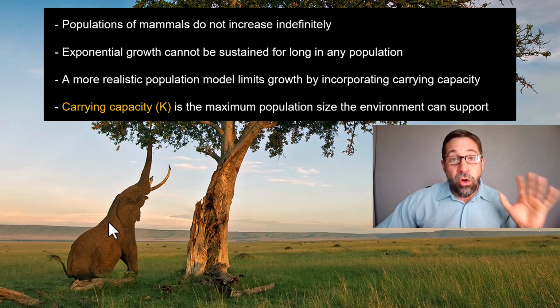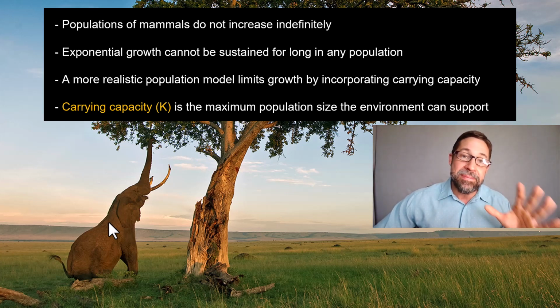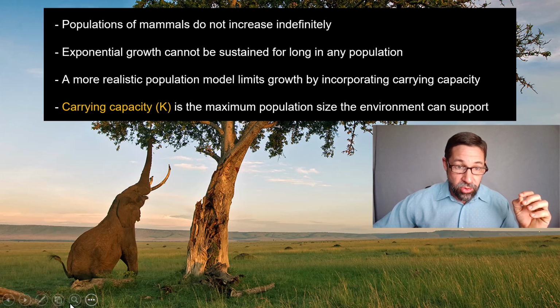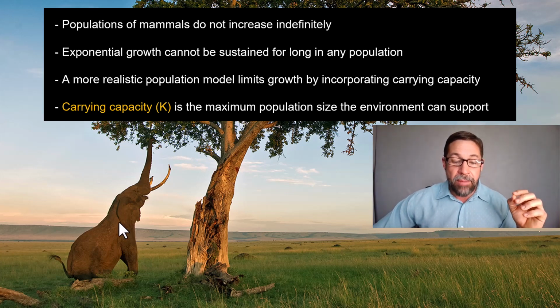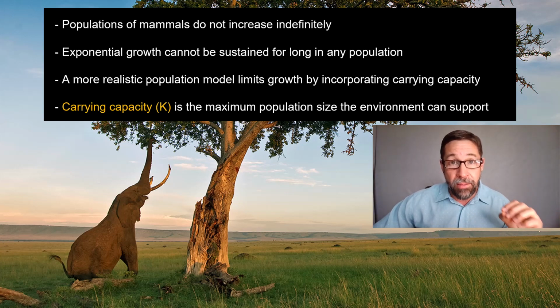Okay? All that said, the logistic or density-dependent model of population growth is more appropriate for large-bodied mammals like elephants, and I'm going to introduce that to you here shortly because it's more realistic, because it's going to incorporate the carrying capacity of that environment for that population.